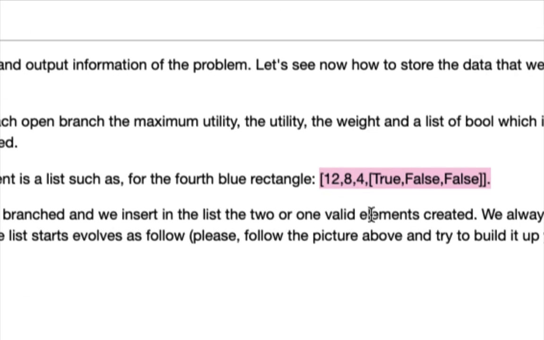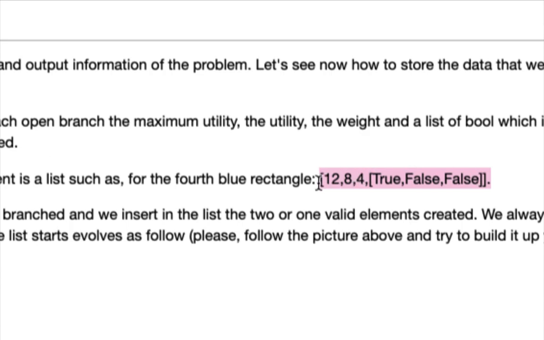Let's zoom. So 12 is the maximum potential utility, 8 the current utility, 4 the current size, and true, false, false means that in this branch we have taken the decision to take the first item, drop the second, drop the third, and no other decision has been taken on the other items.